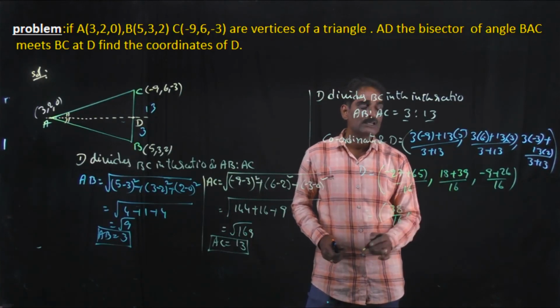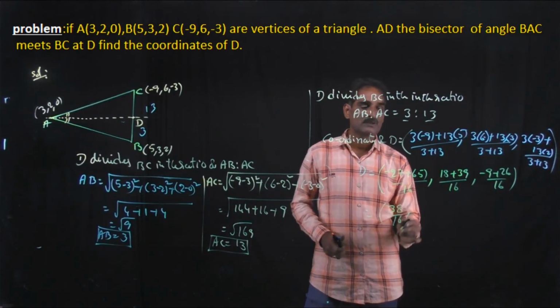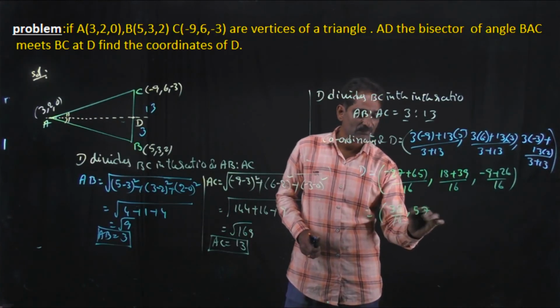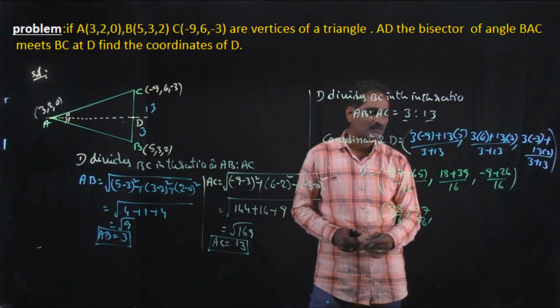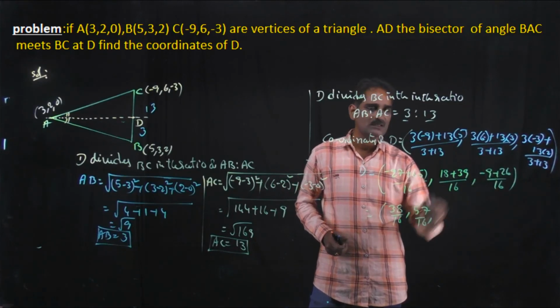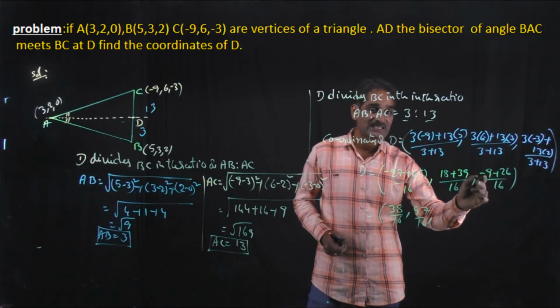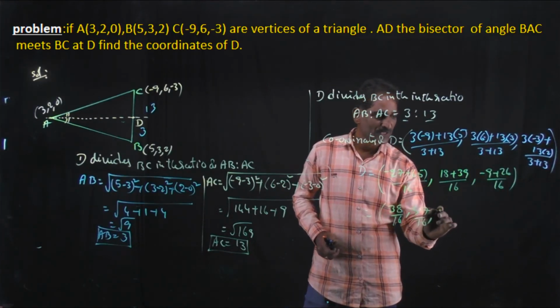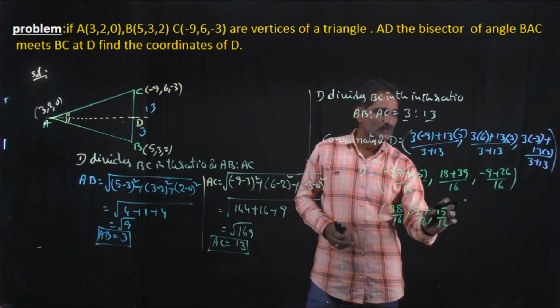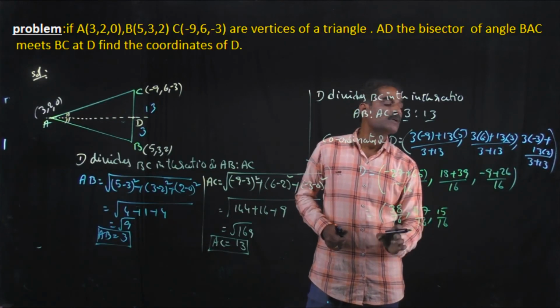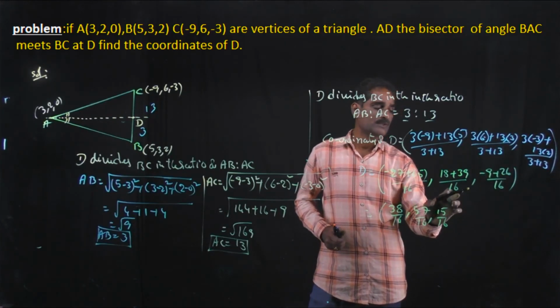Next, 39 plus 18, 57 by 16. Next, 26 minus 9, 17 by 16.